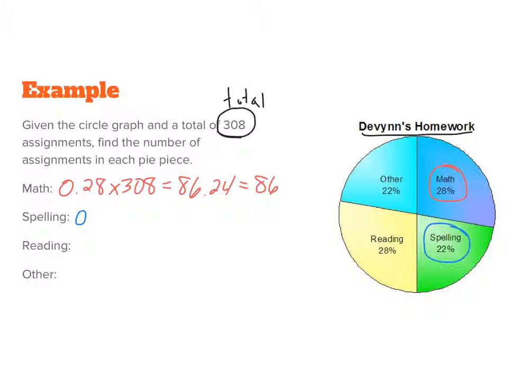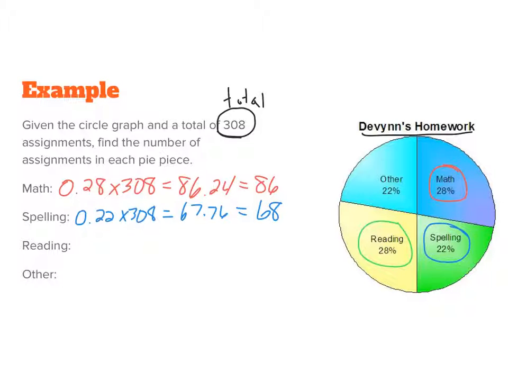So I'm going to take 22% as a decimal, and then multiply it by 308, and I'm going to get the number of spelling assignments. So 0.22 times 308, I get 67.76. And again, you can't have 0.76 assignments. So we're going to round that to the nearest whole number, which gives us 68.